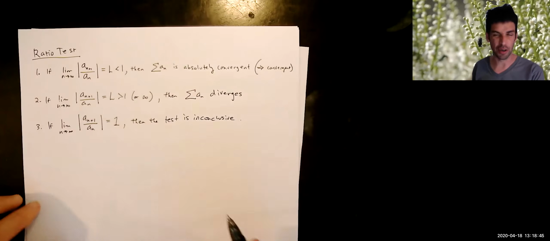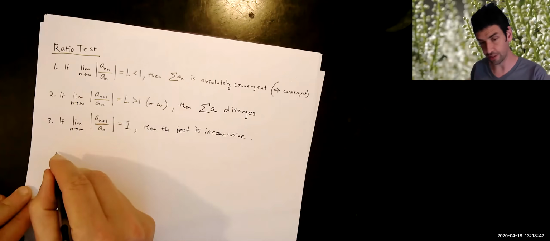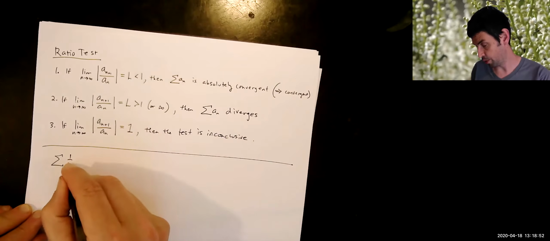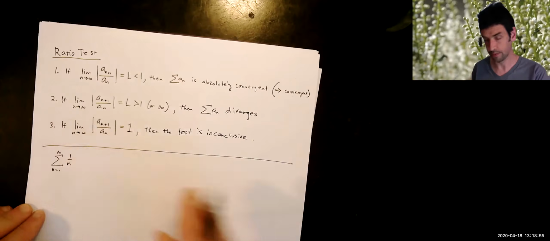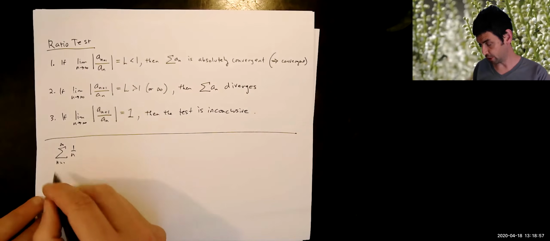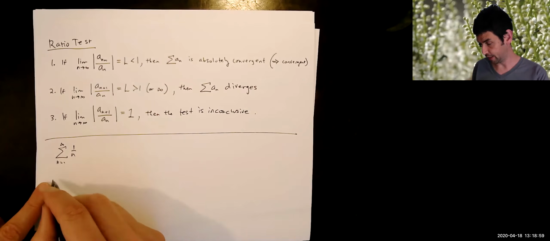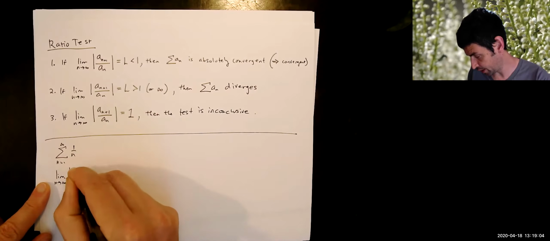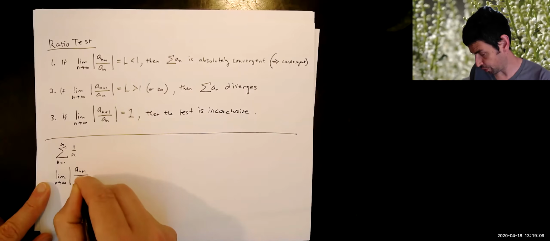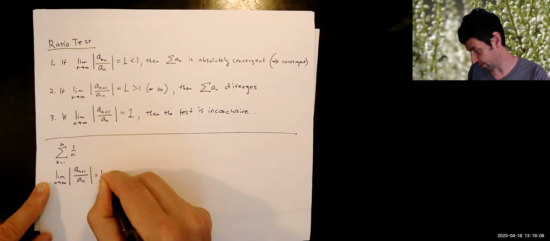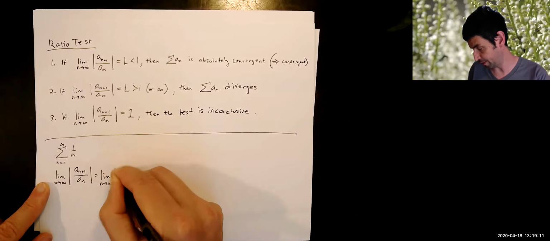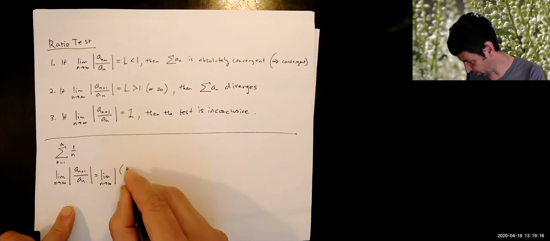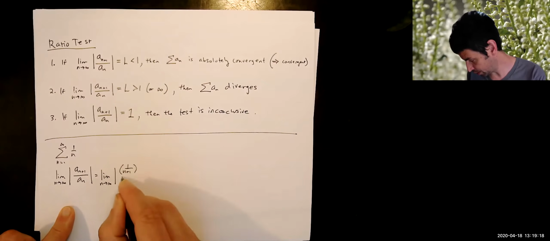So I'm going to look at two series whose convergence we already know. Let's look at the series 1 over n. Let's look at the limit as n goes to infinity of a_{n+1} over a_n. The n plus 1th term is 1 over n plus 1.